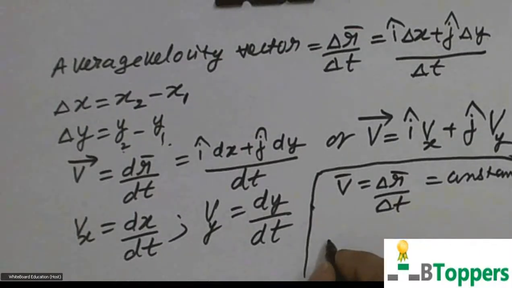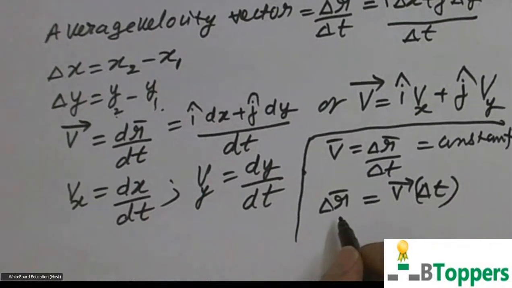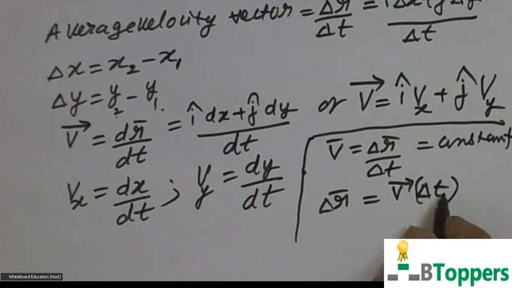Therefore, the displacement of the particle in vector form in time interval delta t will be written as v bar into delta t. That means when the particle moves with uniform velocity, displacement is equal to velocity times the time interval. At the school level, we write in the simpler scalar form, s equal to vt.